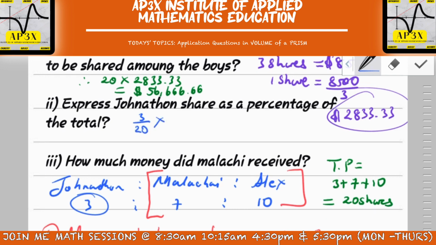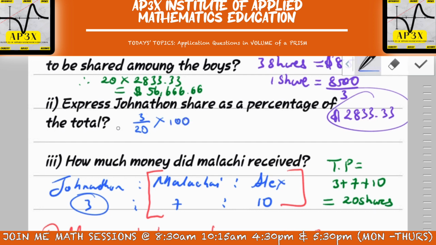3 divided by 20 multiplied by $56,666.66. Okay. Jonathan would have gotten, let's write this down, $56,666. Oh, we want it as a percentage. Oh my lord. So 3 divided by 20 multiplied by 100.